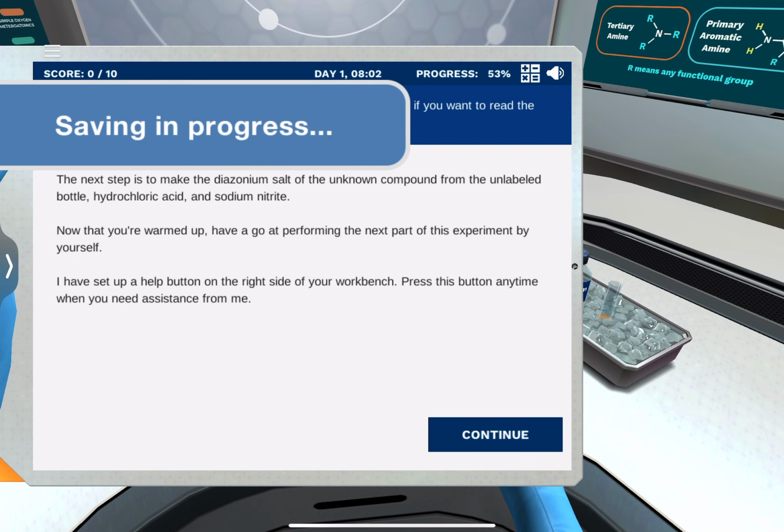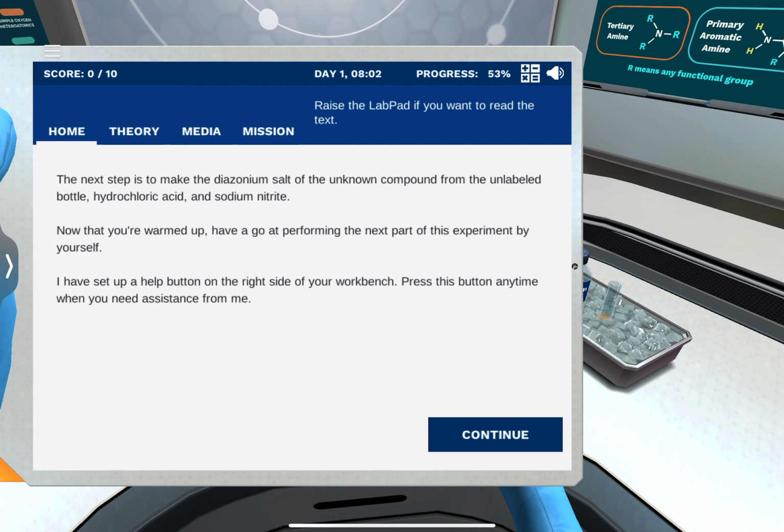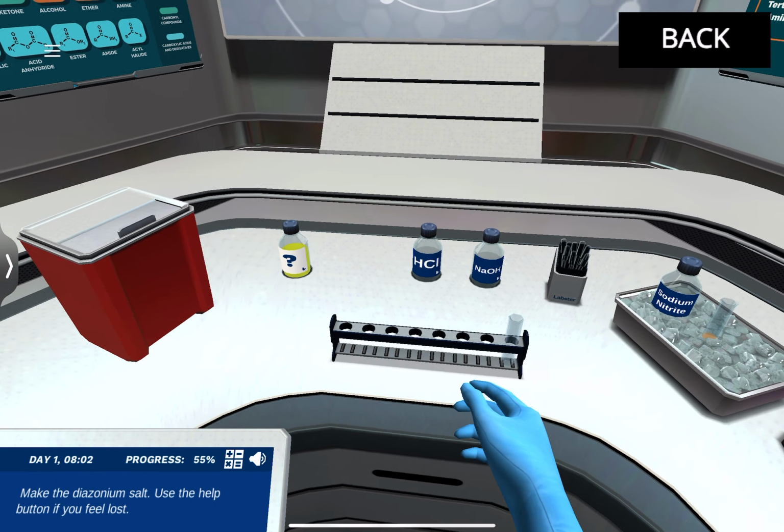The next step is to make the diazonium salt of the unknown compound from the unlabeled bottle, hydrochloric acid, and sodium nitrite. Now make the diazonium salt.